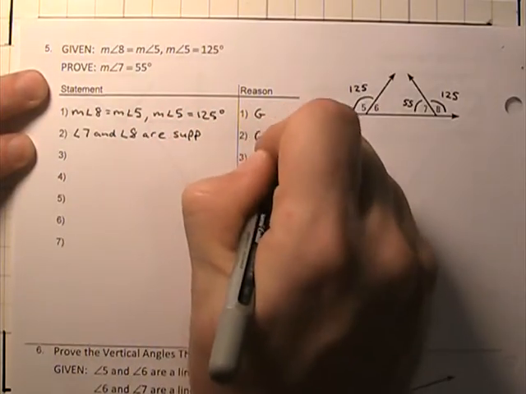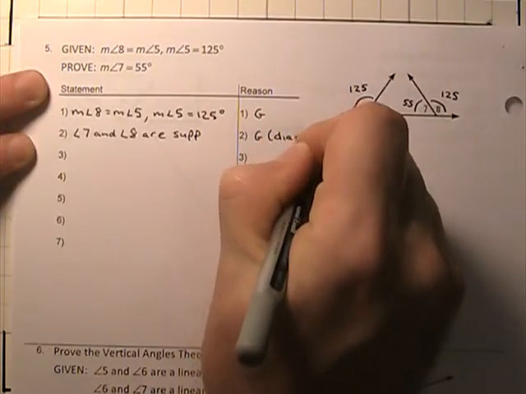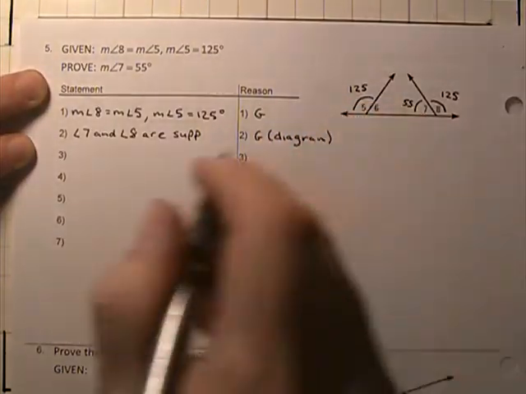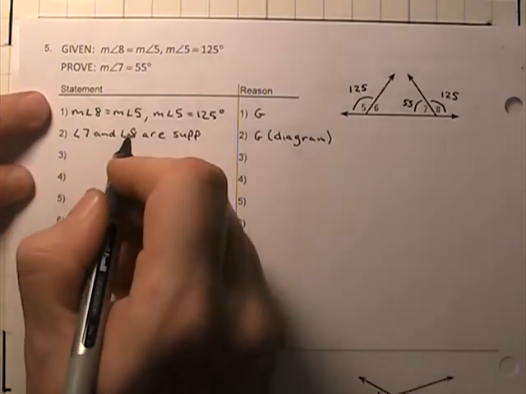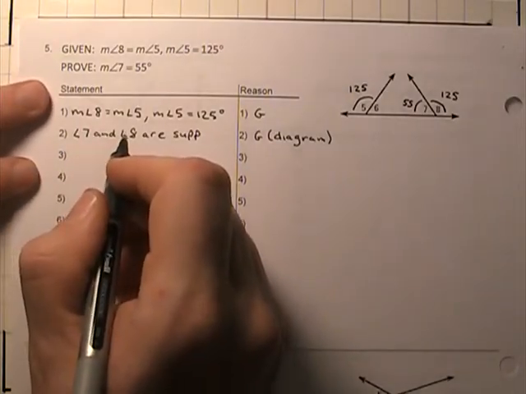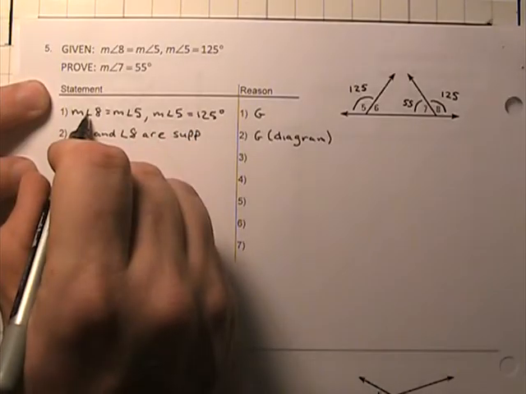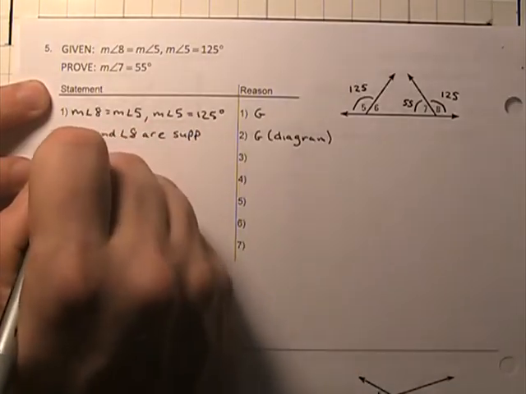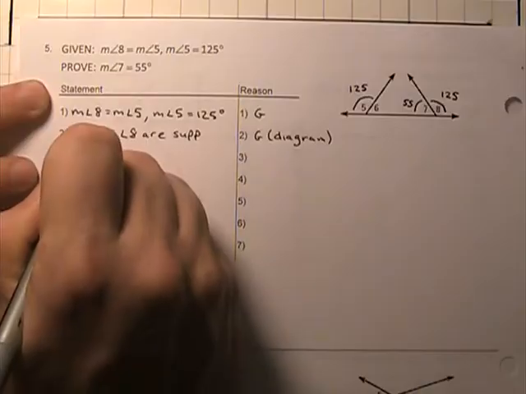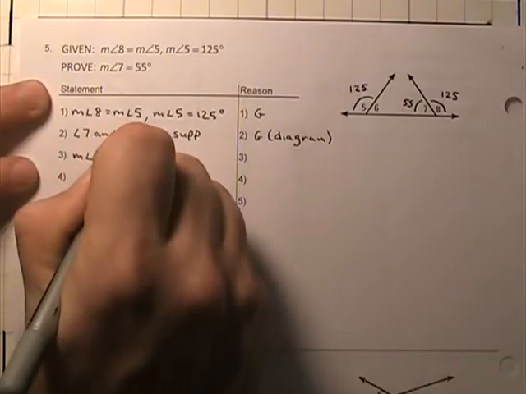That's also given in the diagram. So if 7 and 8 are supplements, we can go ahead and add those up to 180. We can also show that angle 8 is 125, so let's do that. So measure of angle 8 equals 125 degrees.